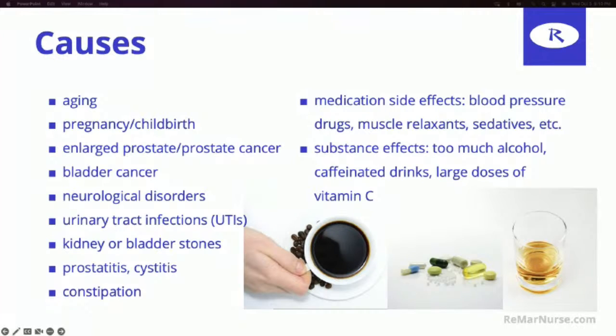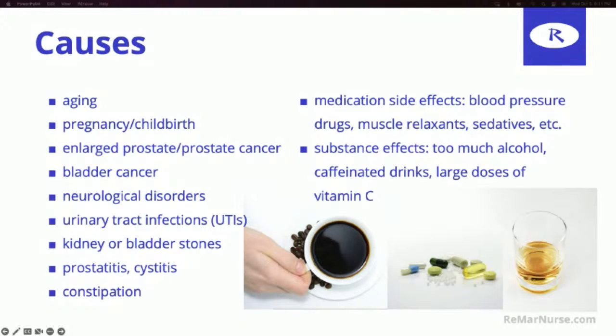And so you have a strong urge to urinate, which may cause some urge incontinence. Prostatitis, cystitis, constipation as well. Medications, the side effects of some medications like your blood pressure medications or your muscle relaxants or your sedatives are also going to contribute to some urinary incontinence.